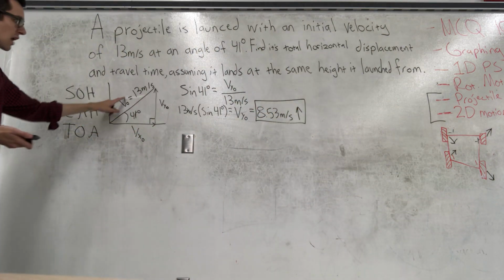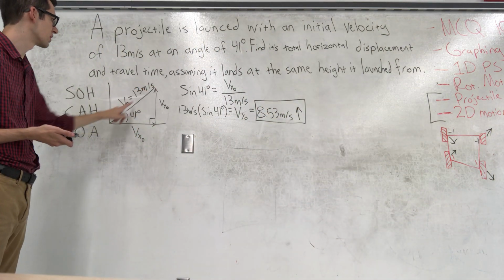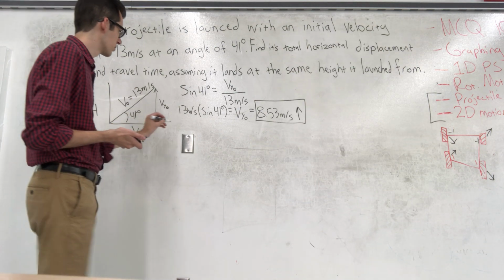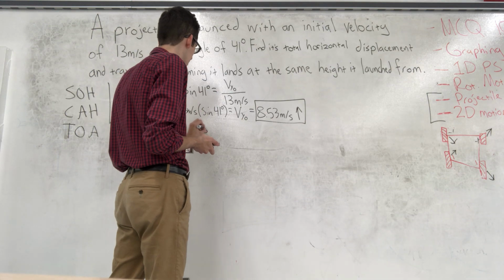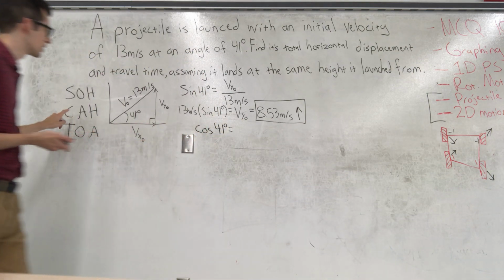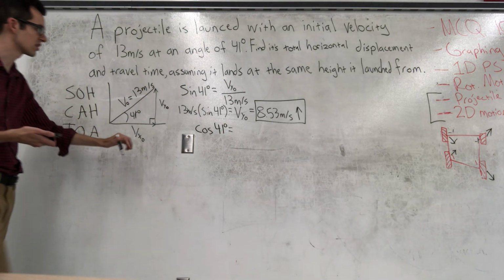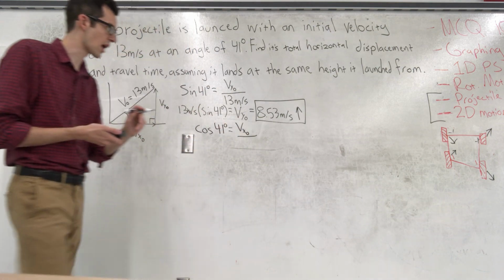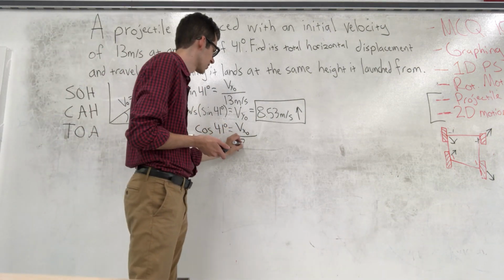Now we still need to find how much of the total velocity is in the x direction. To do that, we'll take the cosine of 41 degrees, which is equal to the adjacent side, Vx0, over our hypotenuse, 13 meters per second.